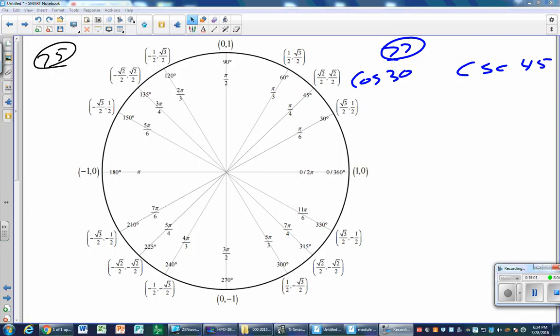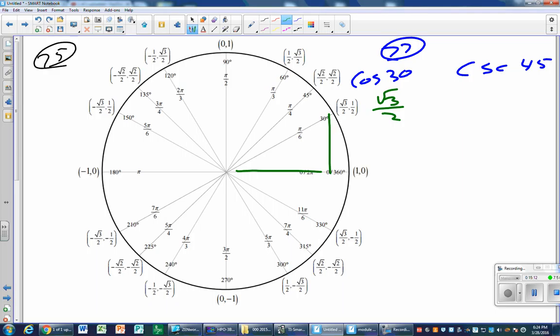So let's take a look at number 77, the cosine of 30 degrees. Okay, we know what that one is. Cosine of 30 is square root of 3 over 2. Now the cosecant is 1 over sine of 45. Okay, hopefully I can deal with this. The sine of 45 degrees is square root of 2 over 2.